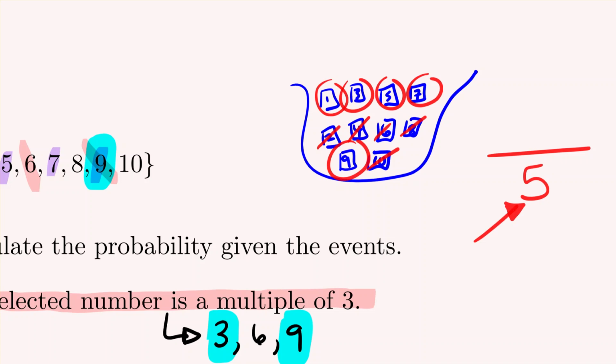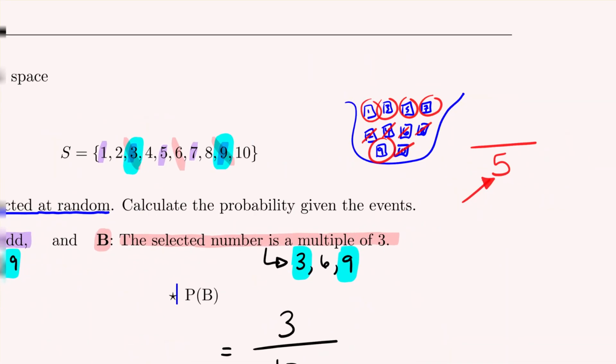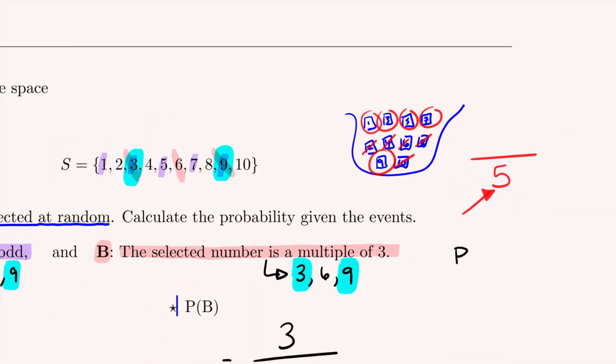Now, of those 5 options, we want B to occur because it was the probability of B given A has already occurred, where A is the idea that we drew an odd number. And of that, what's the probability that we would get an item from B? So of the odd numbers, the multiples of 3 are 3, 6, and 9.